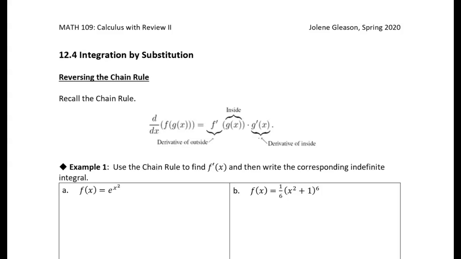So you're taking the derivative of the outside function, and then multiplying that by the derivative of the inside function. Okay, that's just the chain rule. So in this first example, we're going to apply the chain rule and then write the corresponding indefinite integral.